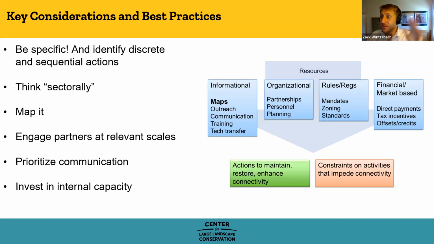And finally, for doing all this, the coordination, the mapping, et cetera, it really helps to have a staff person who can do that. I know more states are hiring SWAP coordinators. This is a role they could play, but having a designated coordinator, a designated point person, is particularly important for connectivity because it requires so much coordination and collaboration with other entities.